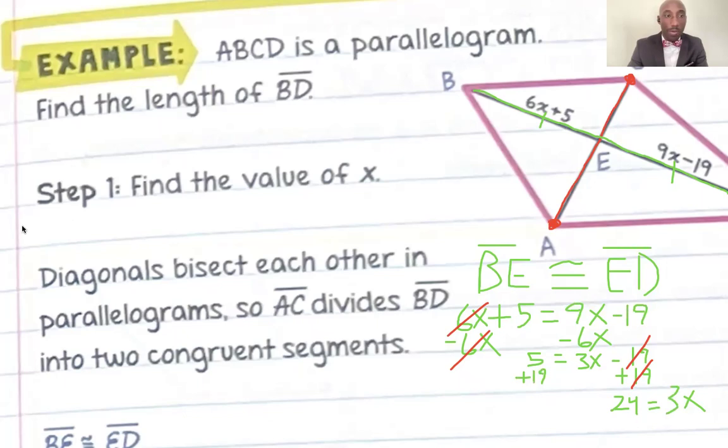If I divide both sides by 3, 24 divided by 3 is 8. So 8 equals x.